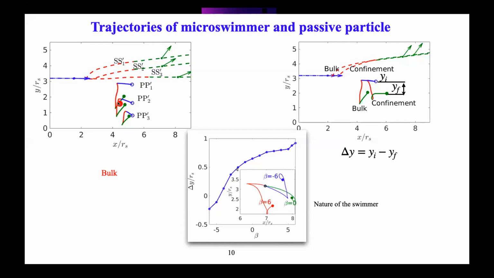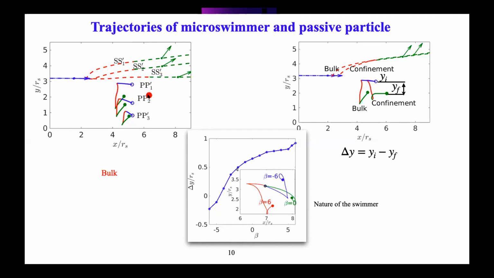And in stage 3, the microswimmer again moves away from the passive particle, whereas the passive particle is attracted towards the microswimmer. So stage 1 and stage 3 correspond to a weak hydrodynamic interaction, and stage 2 corresponds to a strong hydrodynamic interaction between the microswimmer and the passive particle.